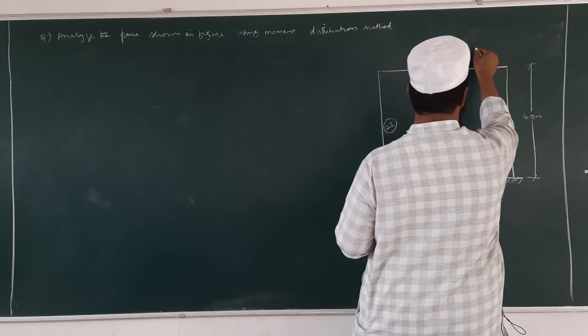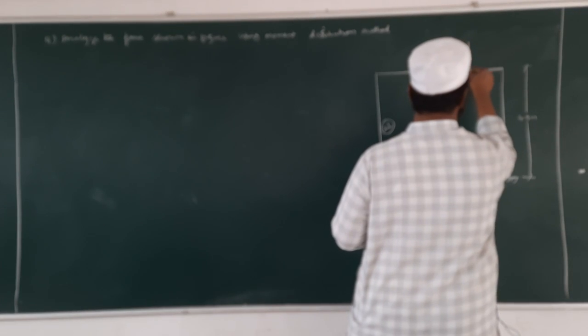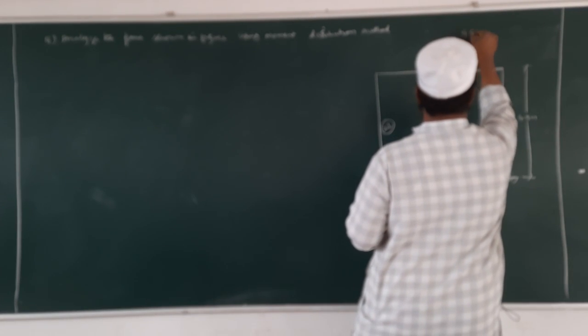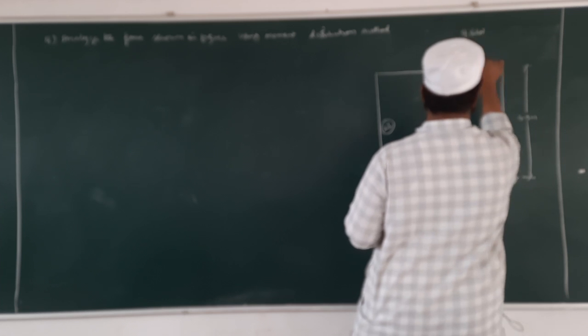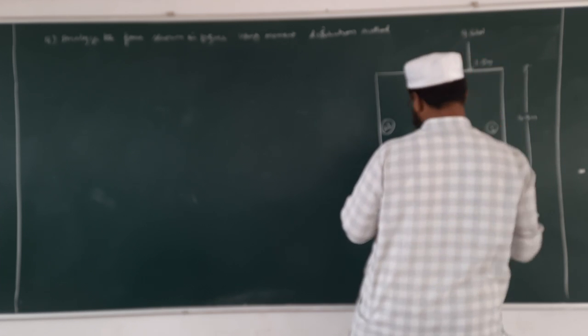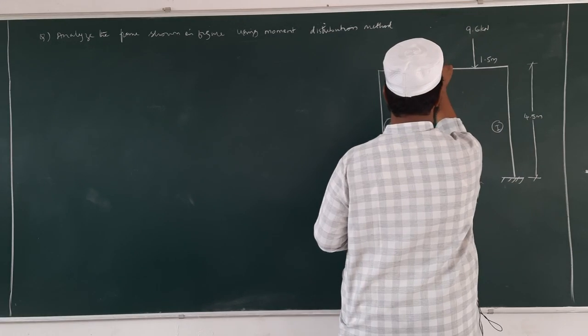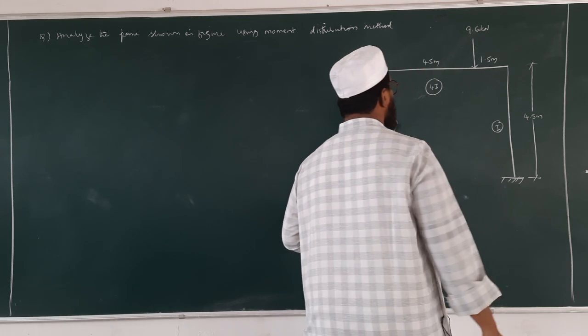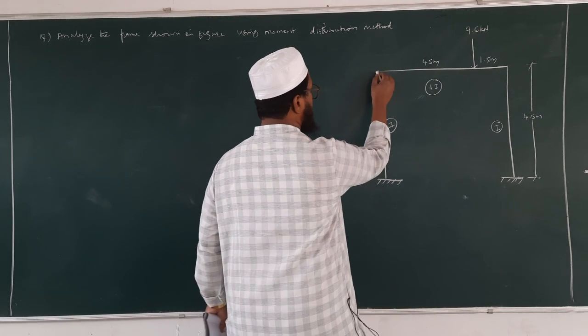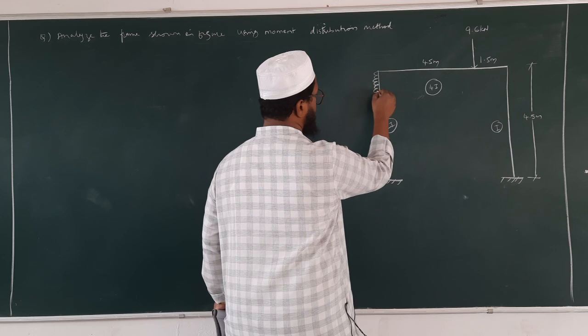We have a point load of 9.6 kilonewton. This distance is 1.5 meters and this is 4.5 meters, and we have a UDL over here.